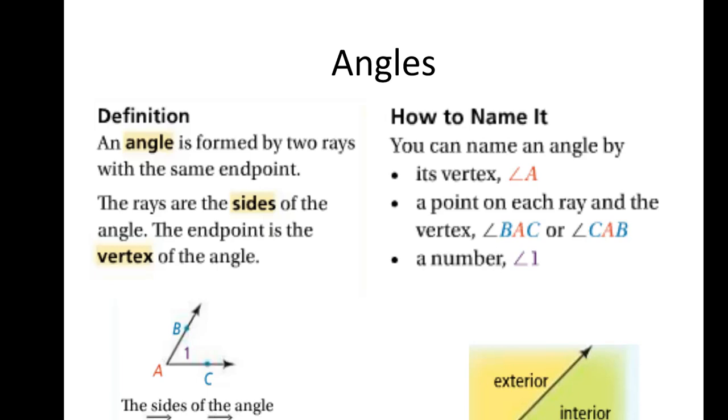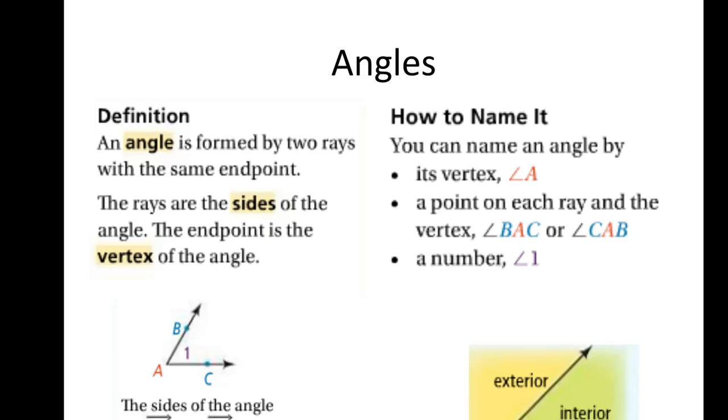Now, there's several ways you can name it. You can name an angle by its vertex, which is the easiest way. Vertex A, this is angle A. But not every time can you call it by just its vertex. For instance, there may be more than one angle at a vertex, so you have to be a little more specific.